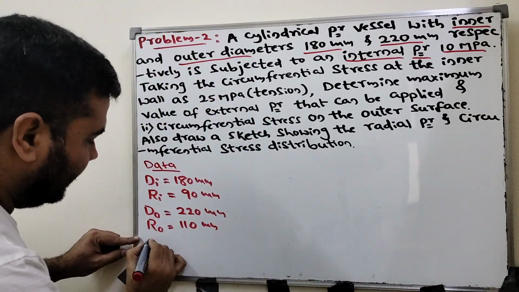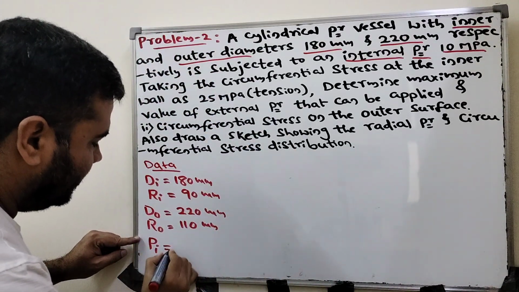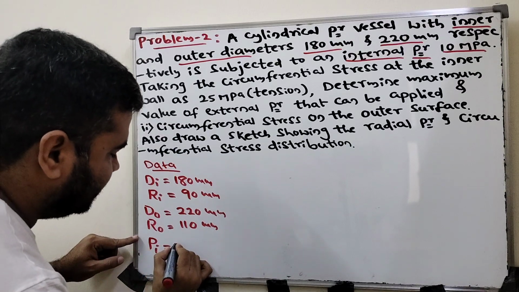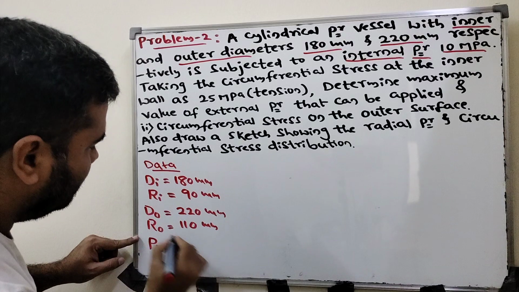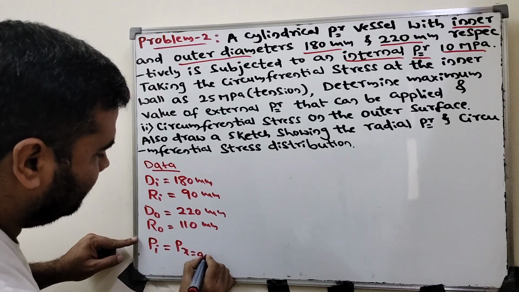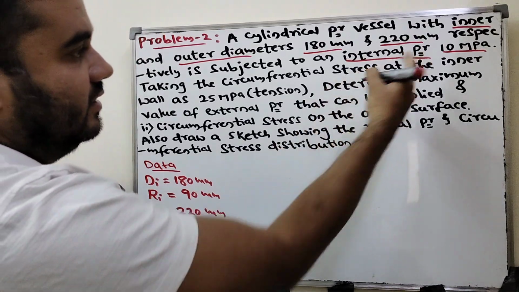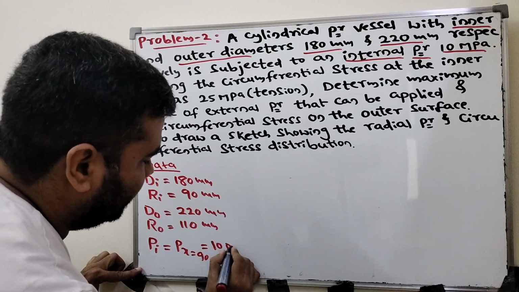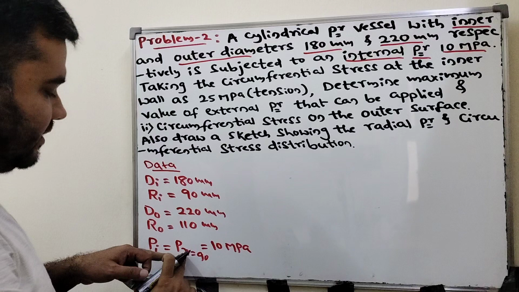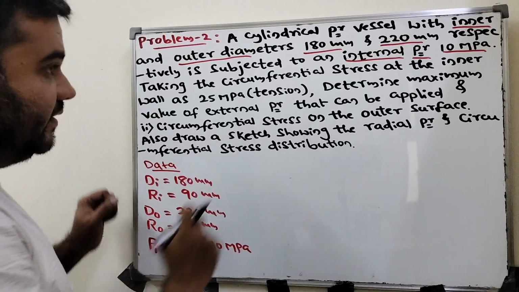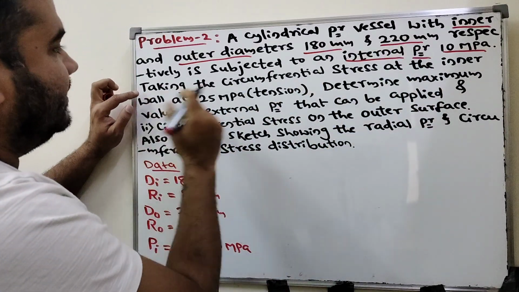Can I write Pi equal to, inside, that is, Px? That is Px when x equal to 90 mm, right? How much is given here? 10 MPa, which is nothing but 10 Newton per mm square, when x equal to 90, the inner radius.